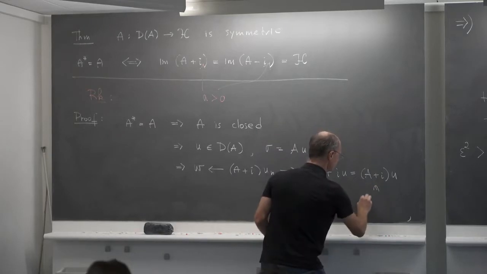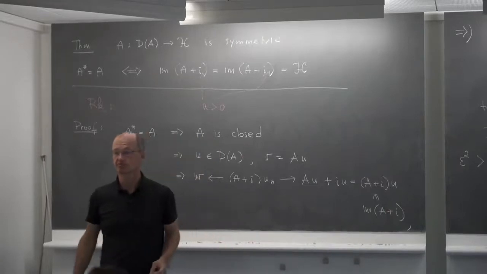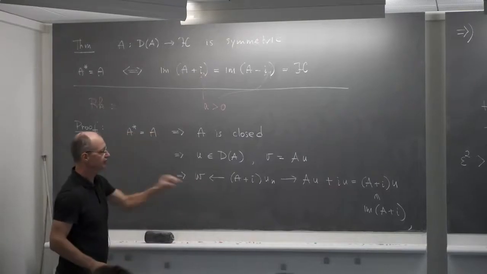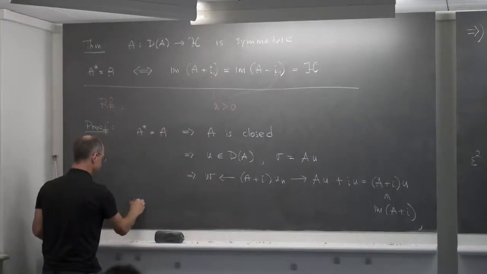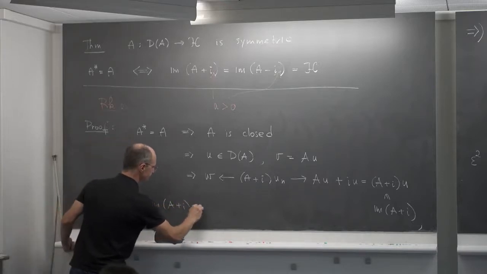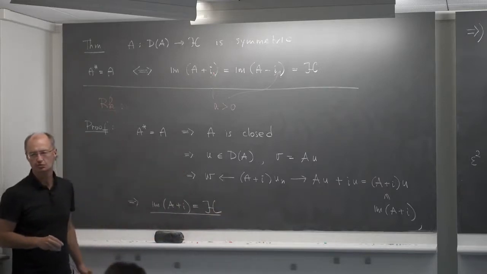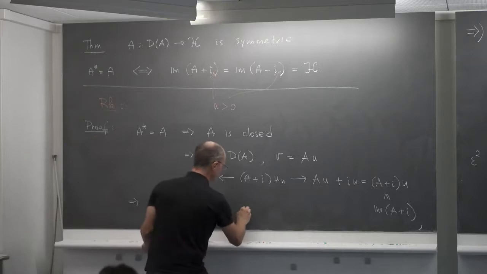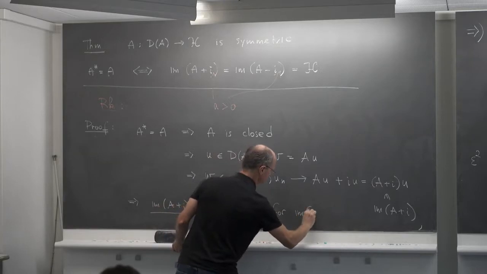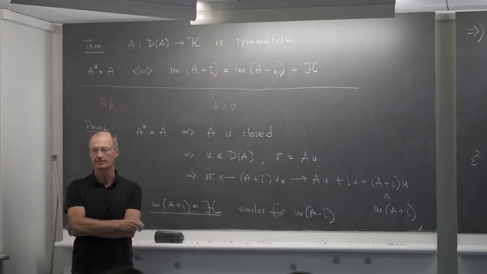And this guy is in the image of A plus I. So W is in the image of A plus I, and this means that the image of A plus I is equal to the whole of H. And then, of course, it's similar for the image of A minus I.